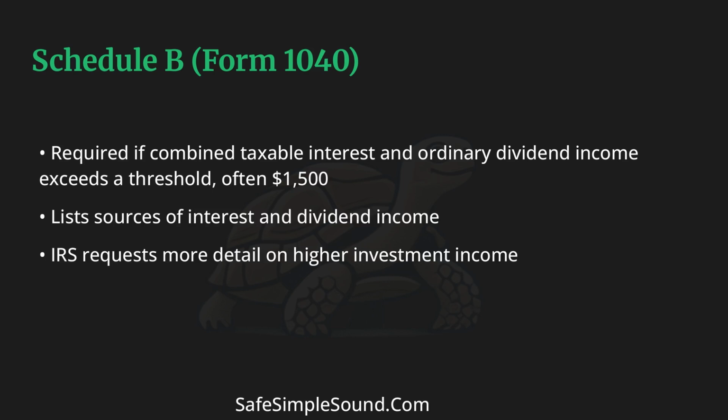So, if your combined total from both sources pushes you over that threshold, you'll likely need to attach Schedule B to your federal income tax return. On it, you'll list out each source, who paid you the interest and who paid you the dividends. It's simply the IRS's way of asking for a bit more detail. Kind of like showing your work in math class once your investment income reaches a certain level.